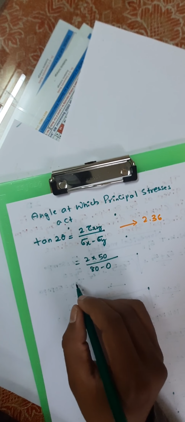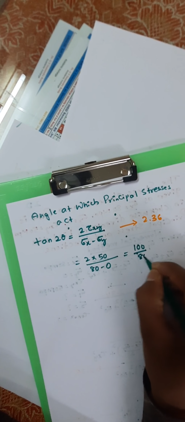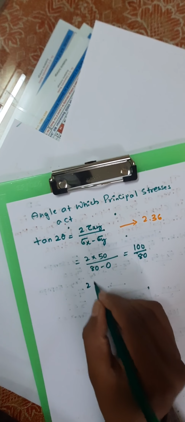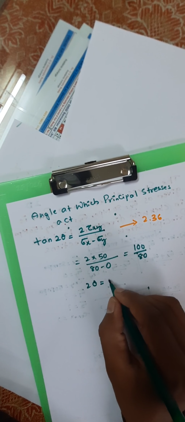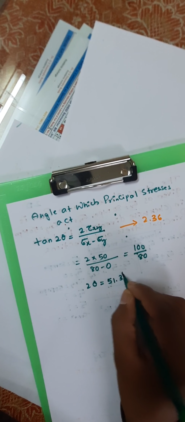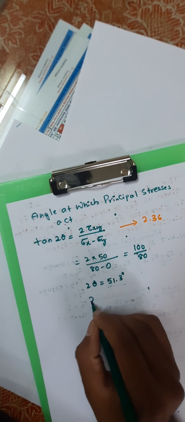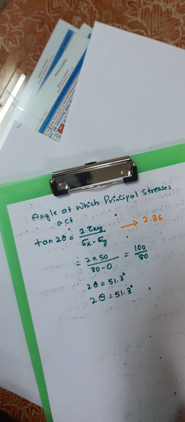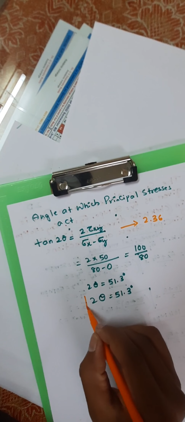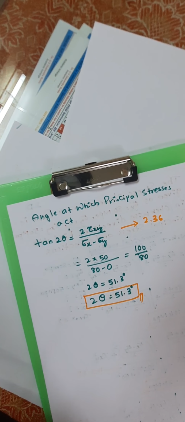If you simplify this, 100 divided by 80, 2 theta is equal to 51.3 degrees. This is the value we get by the numerical method.